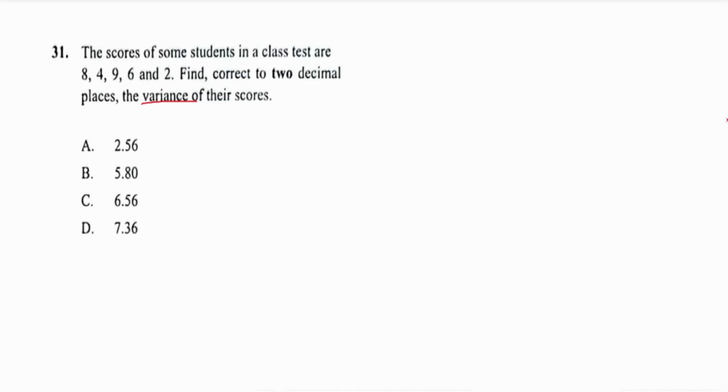Then we need to remember that variance is the square of standard deviation. So we are just going to write the formula for standard deviation without the square root because we are squaring that.